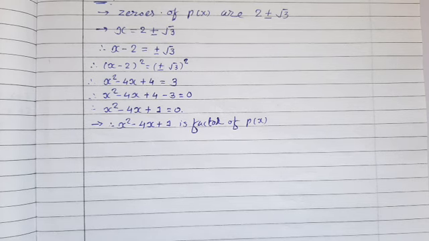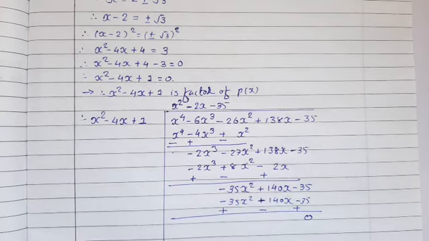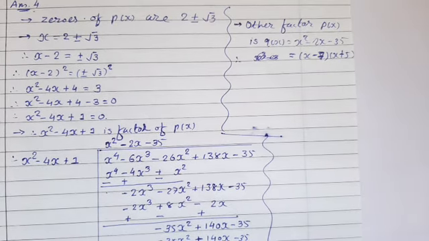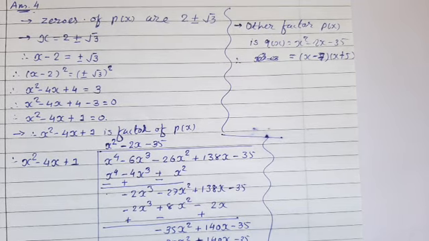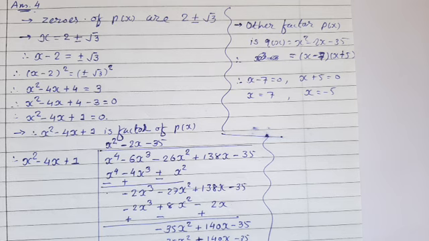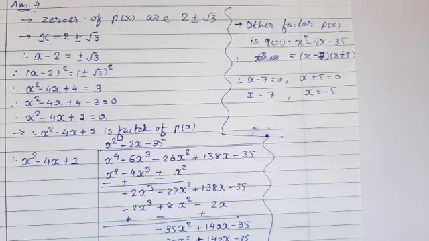So we divided p of x by x square minus 4x plus 1, and we got the other factor x square minus 2x minus 35, whose factors are x minus 7 and x plus 5. And so, writing 0 equal to these factors, we get the other zeros of the polynomial: x equals 7 and x equals minus 5. So in this way we will solve this question. Now two questions remained, I will explain in the next lecture.